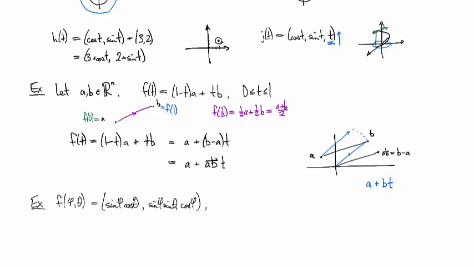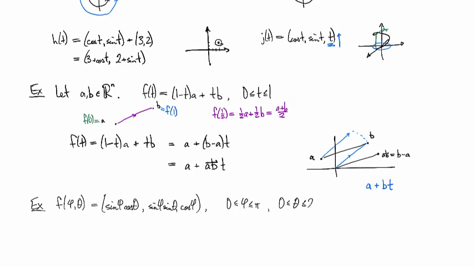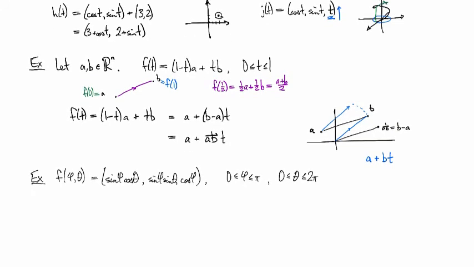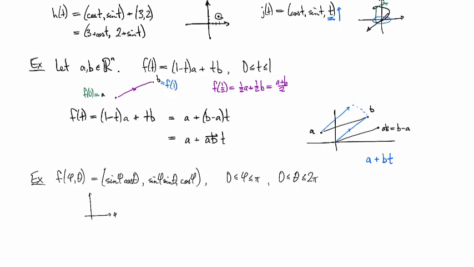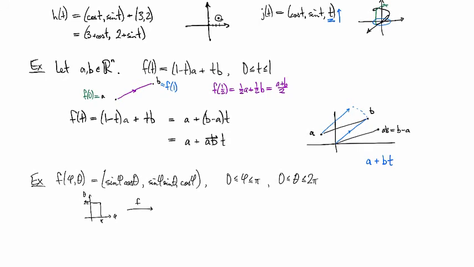And we're going to take phi between 0 and pi, and theta between 0 and 2 pi. So we're going to be mapping from this little phi-theta rectangle that looks like this, and we map it into R3.